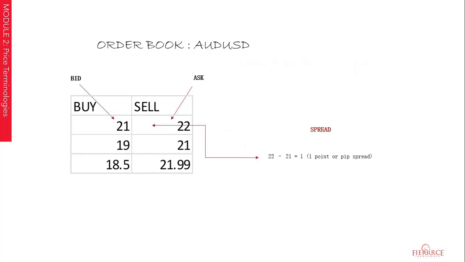They're quoting at 21 or at 22. Selling, basically, people want to sell at these different prices. So there are literally multiple traders in the market who are willing to buy at either 21.19 or 18.5, or are willing to sell at 22.21.99, for example. Now the difference between the bid and the ask is the spread. You can see the 21 to 22 difference is 1. That is the spread. Whatever that difference is, is the spread.